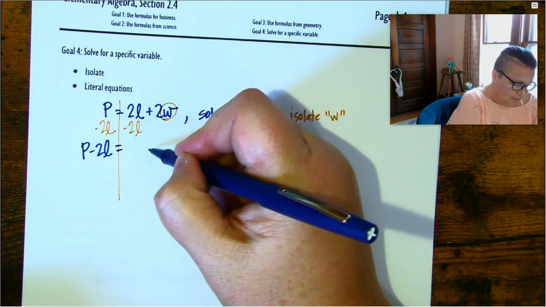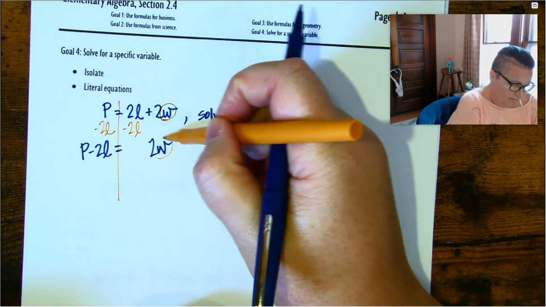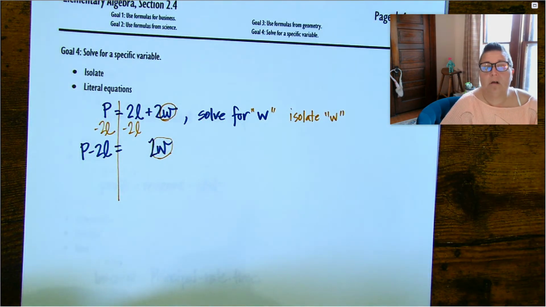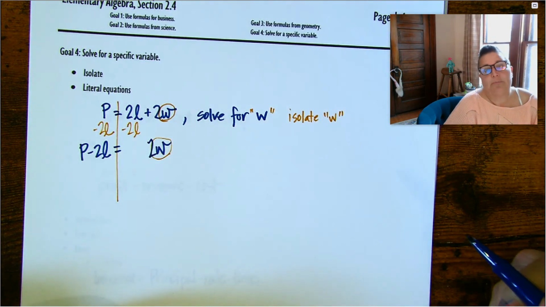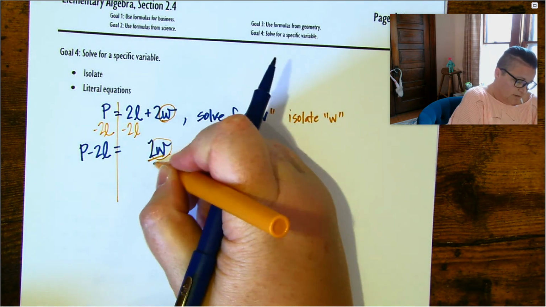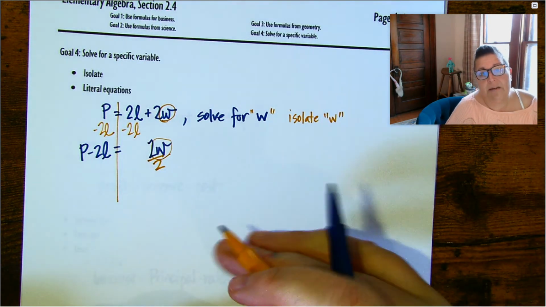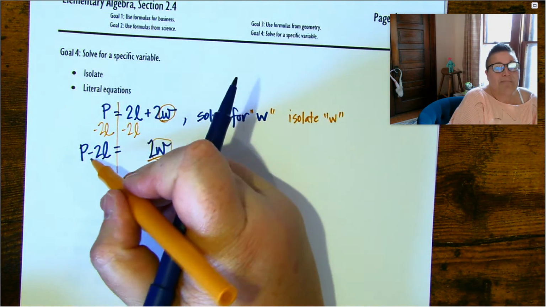What's left on the right side is the 2W. I'm trying to isolate the W. Is the W alone all by itself yet? Nope. It's being multiplied by 2. So in order to undo the multiplication by 2, I need to divide by 2. And if I divide by 2 on the right side, I have to divide by 2 on the left side. But here's the kicker.